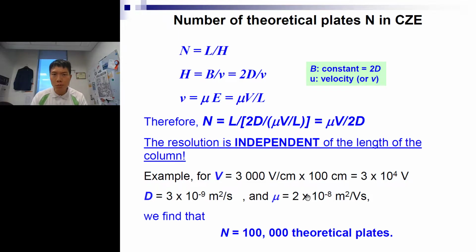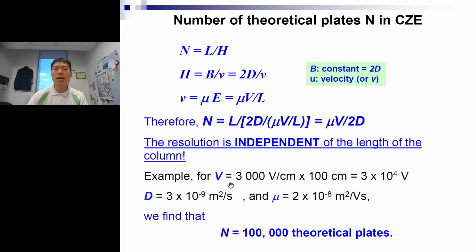So back to the number of theoretical plates in capillary zone electrophoresis. After we have reduced the term here and do a substitution, the number of plates is just equal to mu V over 2D. And you can see that the resolution of the peaks is independent of the length of the column.